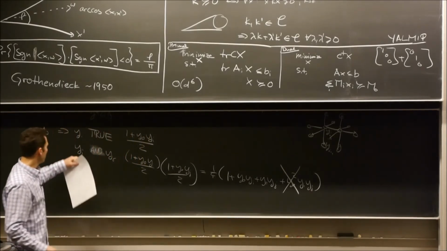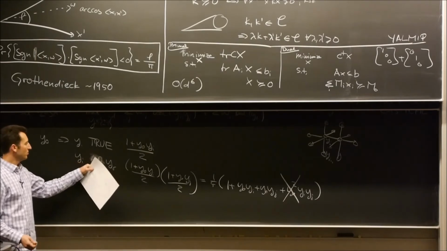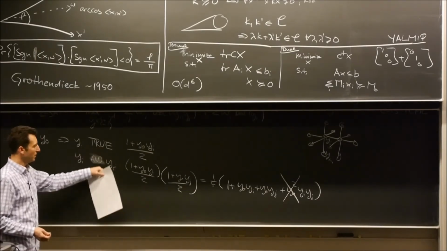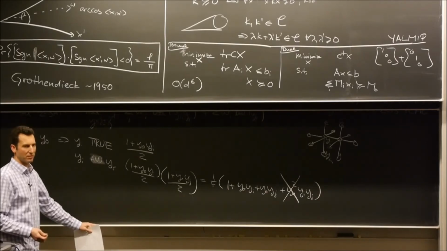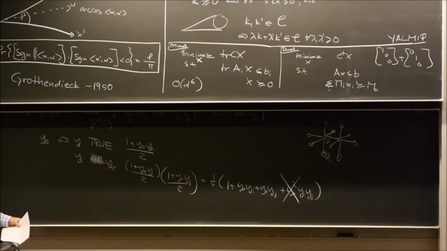And so if you think a little bit about it, you can get the corresponding expressions for or, xor, not, and so on. The point is that this is going to give you a problem that looks just like our MaxCUT problem.